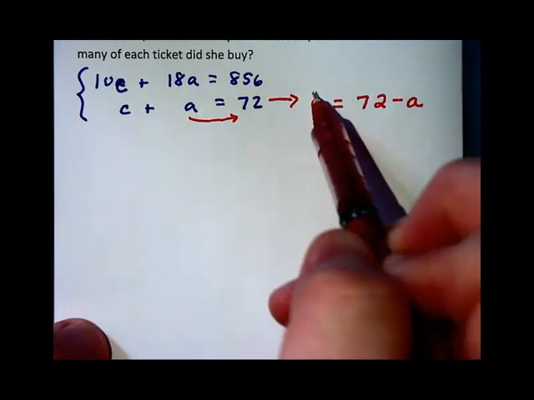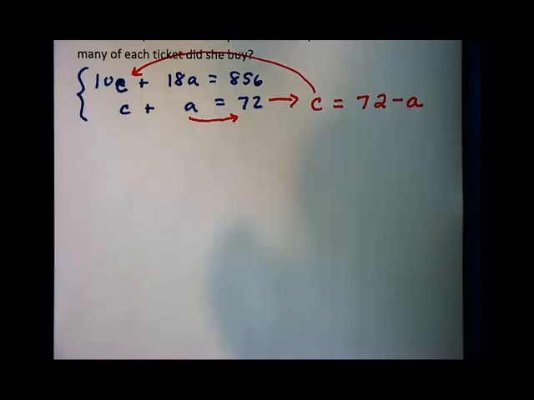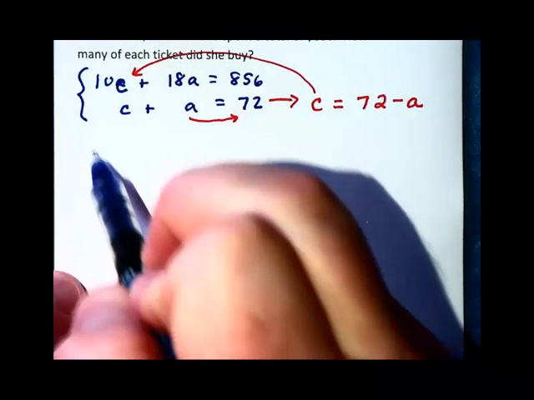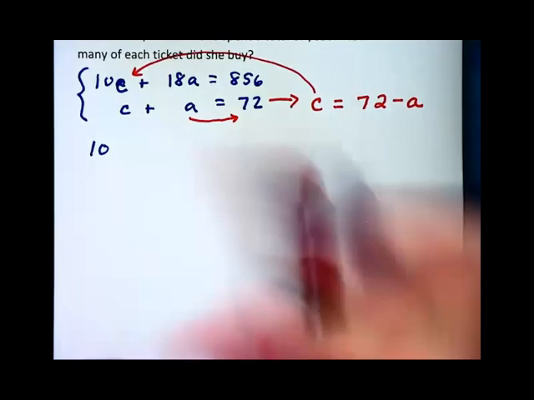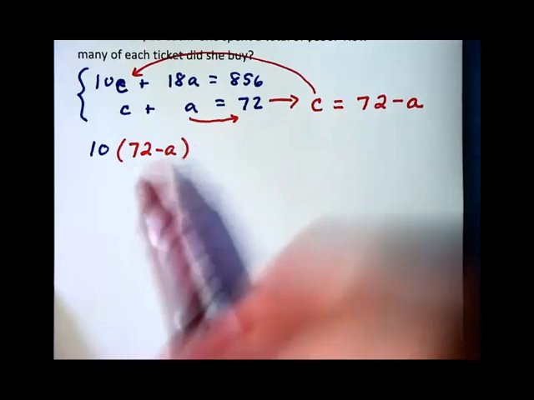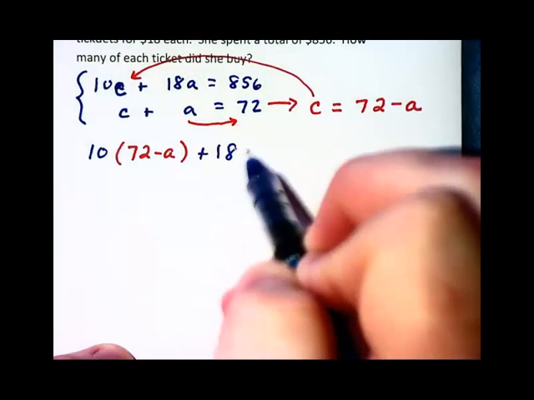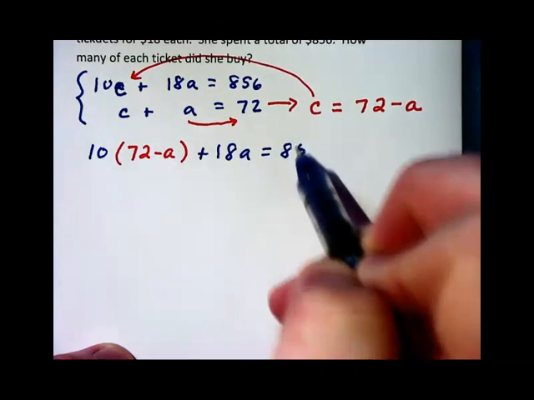Then I'm going to take this C equals and substitute it into the first equation. Instead of 10C, this will become 10 times 72 minus A, and that's what C really is. Then plus the 18A equals 856.